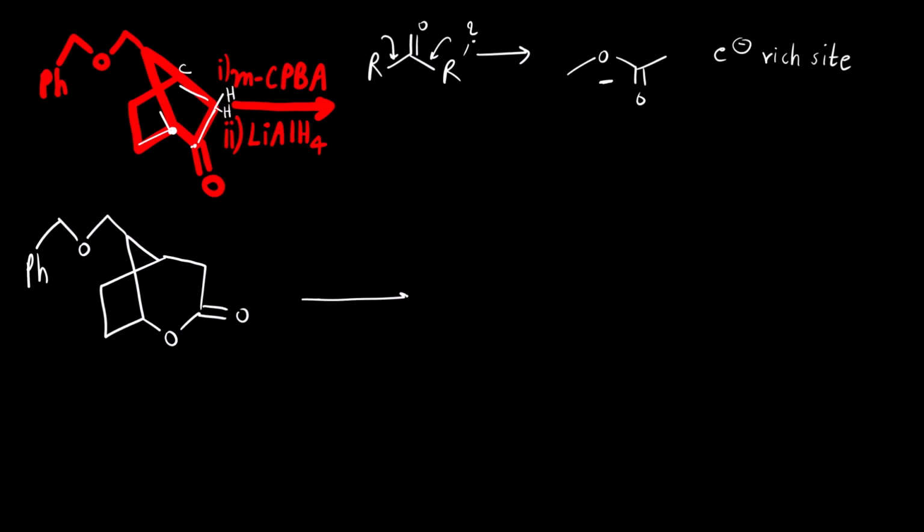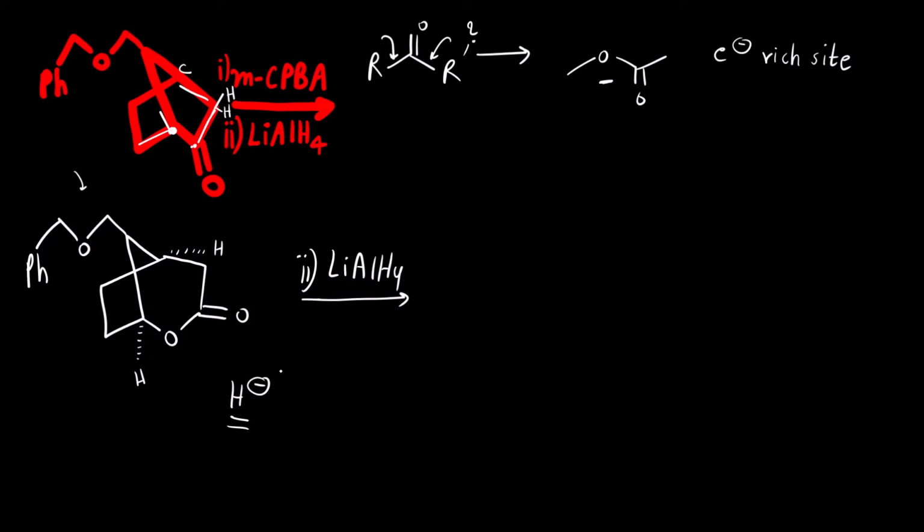Now coming on to the stereochemistry. The second one is LAH reduction, lithium aluminum hydride. We know it reduces via hydride ion donation. Now here, if you see from the top, both the hydrogens are below the plane, and this bridge is present at the top.